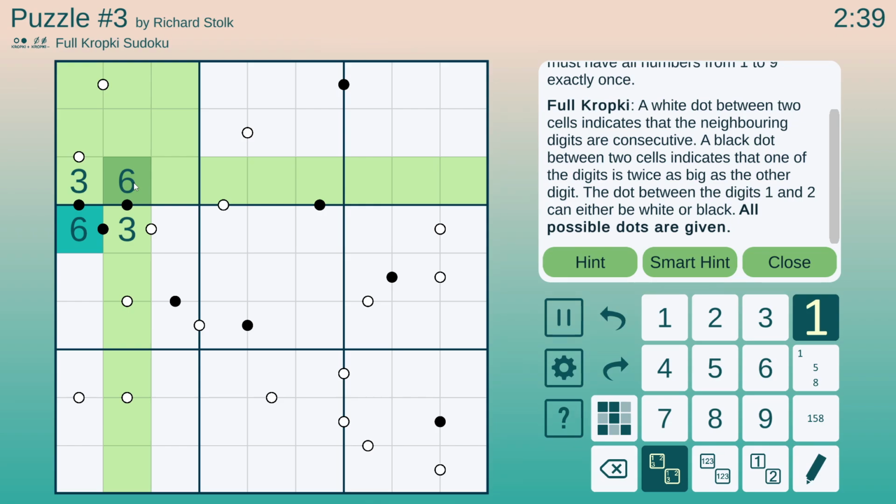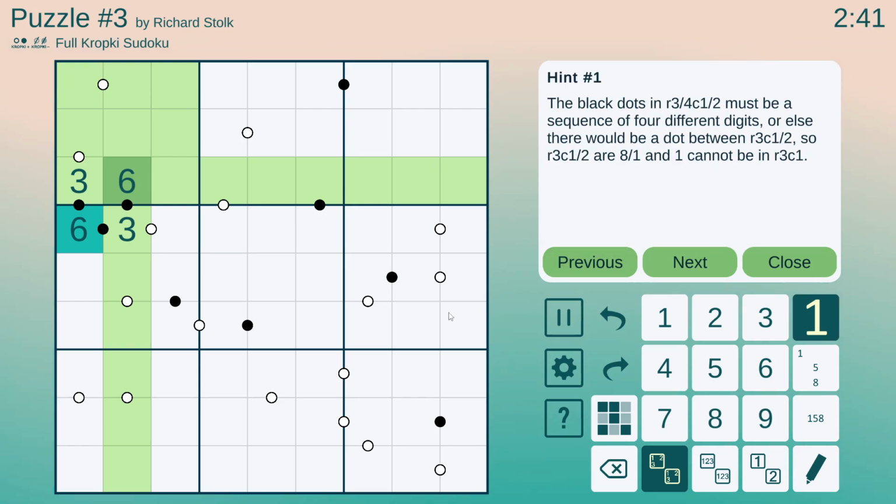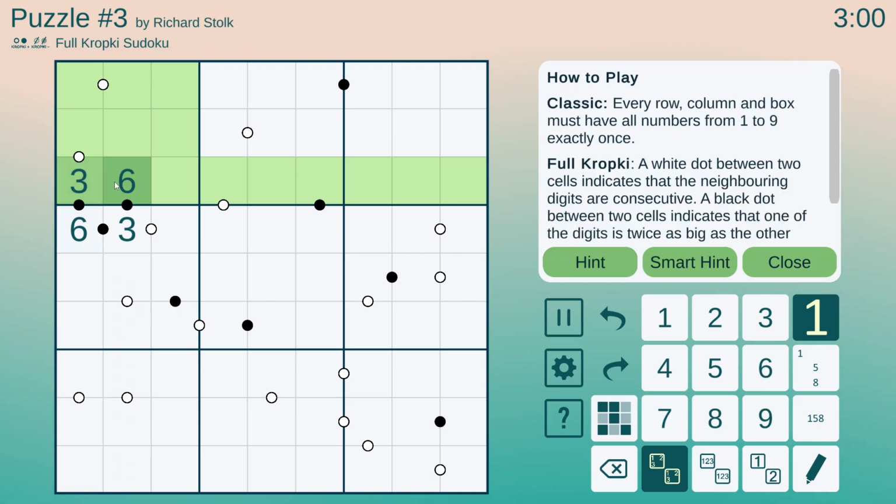I might look at the hint, because... Oh, negative constraint. Okay. Yeah. There would have to be a dot here if they were all 3 or 4s. Okay.